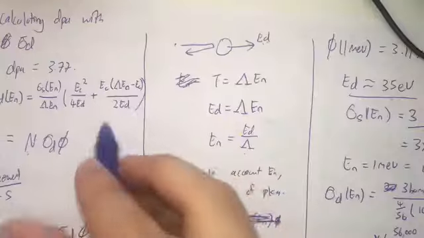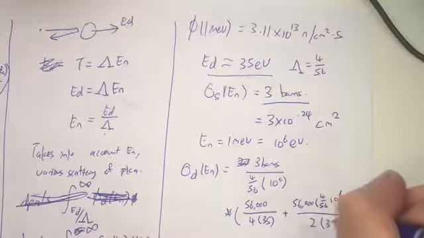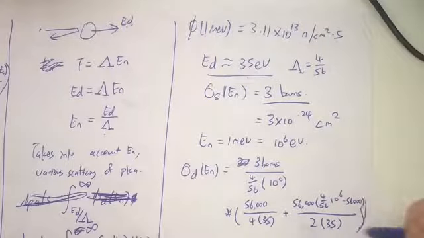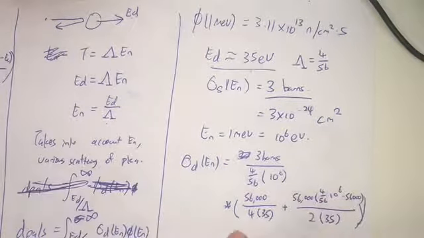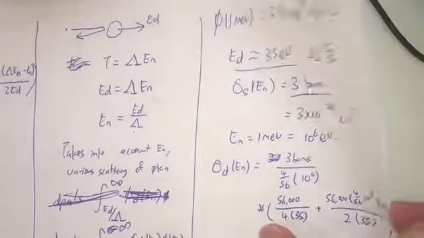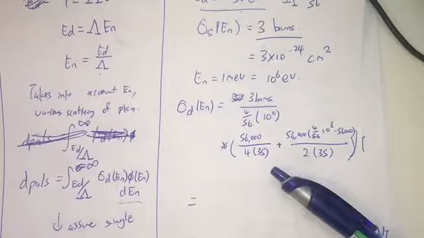Okay, so I'm just substituting here, and that is divided by 2 ED. So the units should be fine, they should all cancel out, they're all in eVs. Now, after plugging in Excel, let's find the answer. So I'm just going to punch these numbers in Excel for a minute.